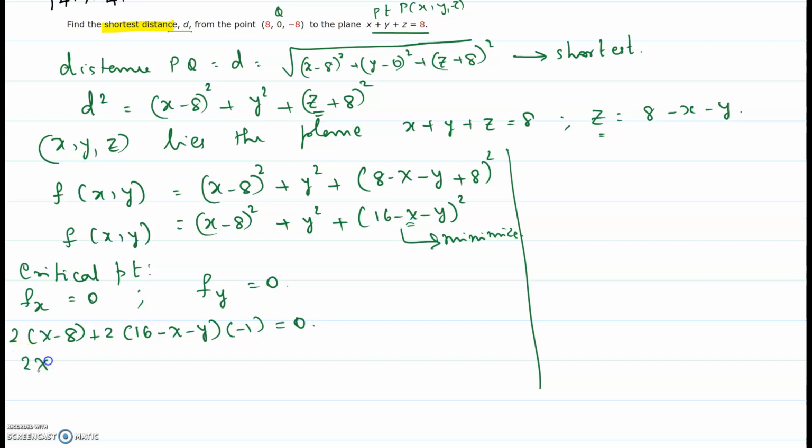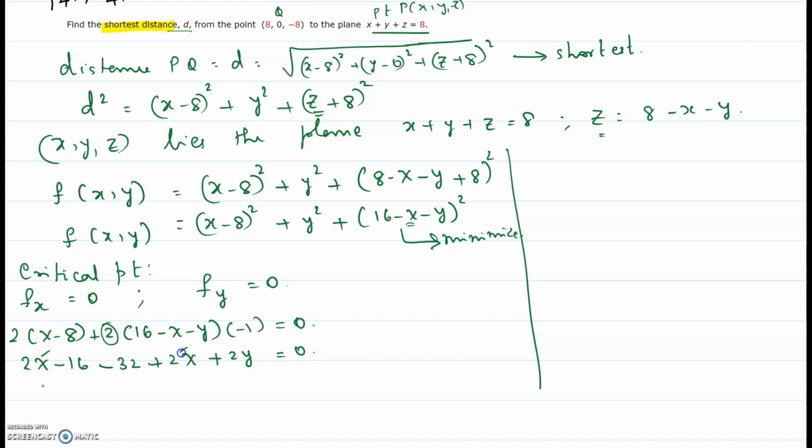So it is 2x - 16 plus 32 - 2x. We are multiplying by negative 2 here. So 2 times negative 1, that will be a negative 2. So it is negative 2 times 16, so negative 32. Negative 2 times negative x, that will be a positive 2x. Negative 2 times negative y, that will be a positive 2y, equal to 0.